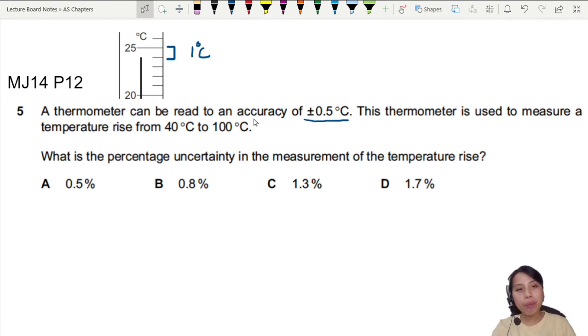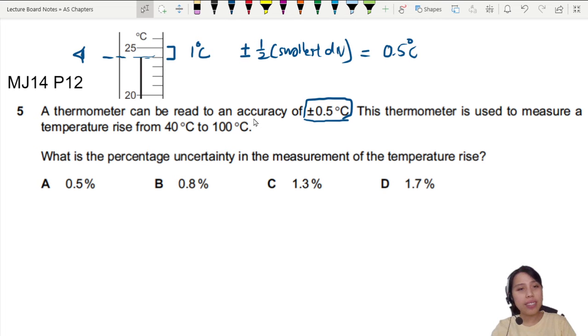But each time you look at a reading, let's say I'm going to take a measurement here, I put my eye there, the uncertainty will be plus minus half the smallest division, which is going to be 0.5 Celsius. So that's where we get the uncertainty of 0.5 for a thermometer.